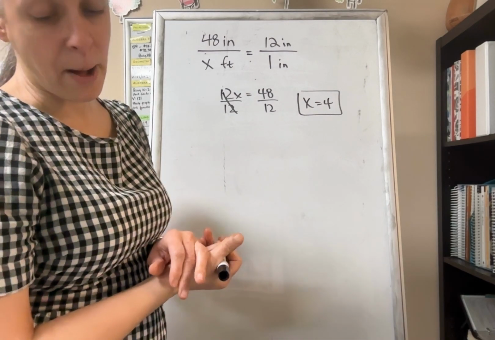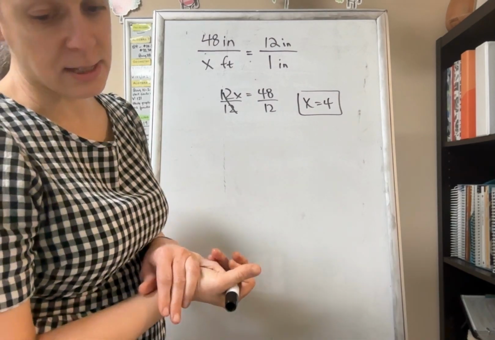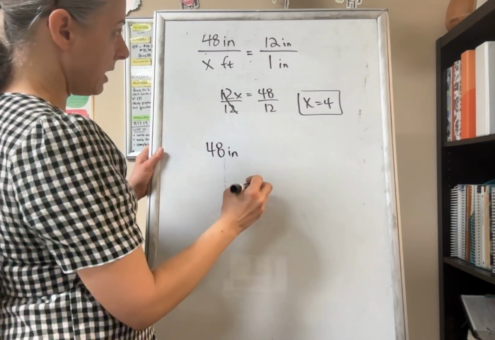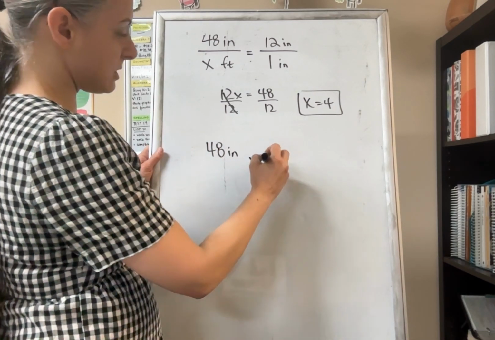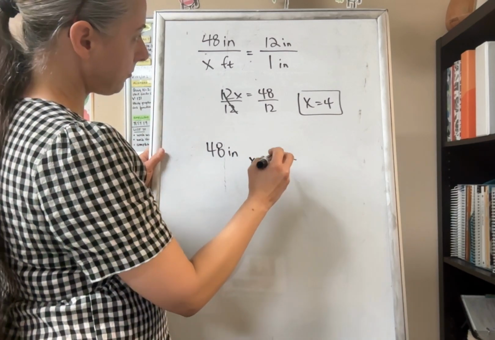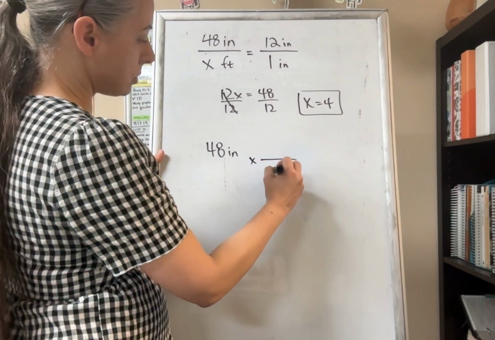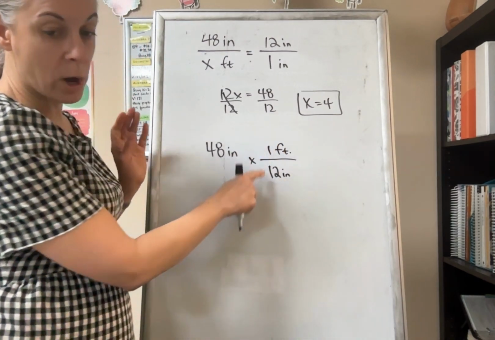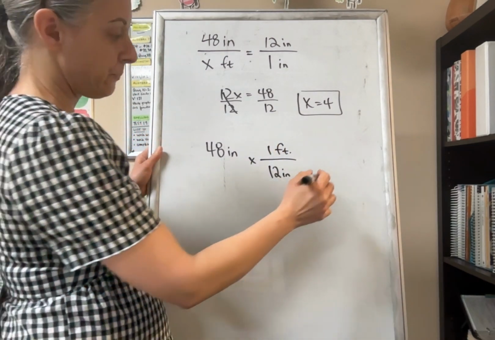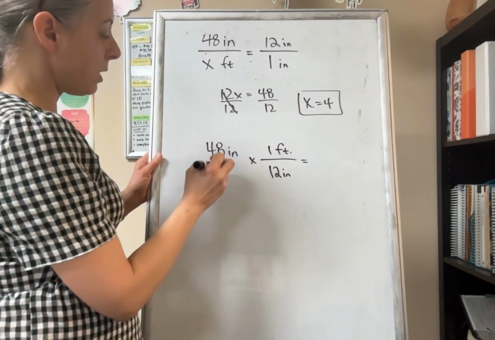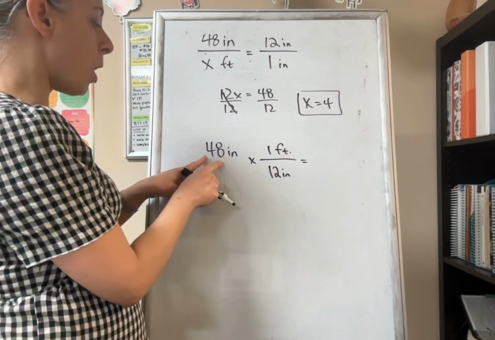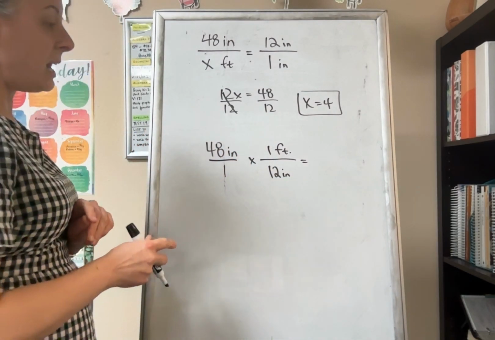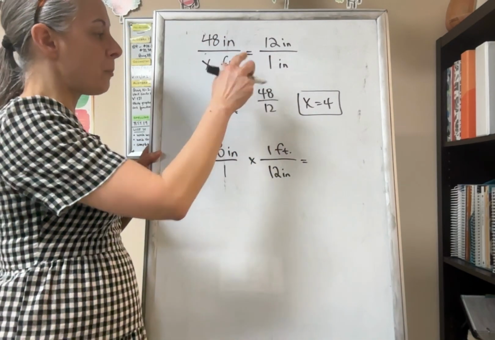Now let's set this up using unit analysis, okay? So I have 48 inches, and I'm going to multiply this by 1 foot equal to 12 inches. And what I'm going to do, I'm going to take the quantity that I want to convert and put it over 1. And then this time, I'm not making a proportion.